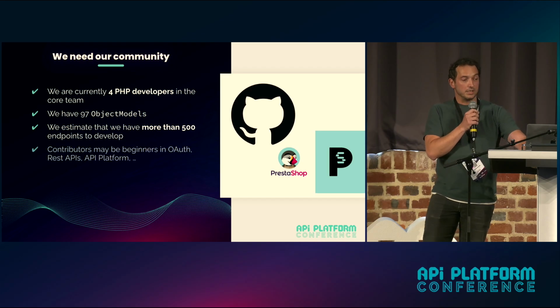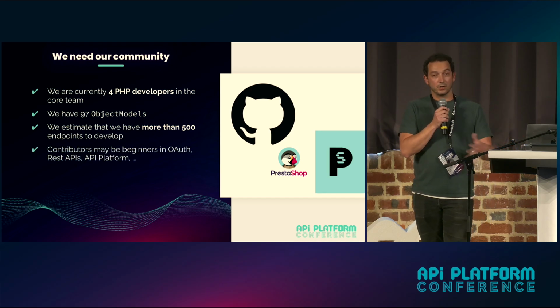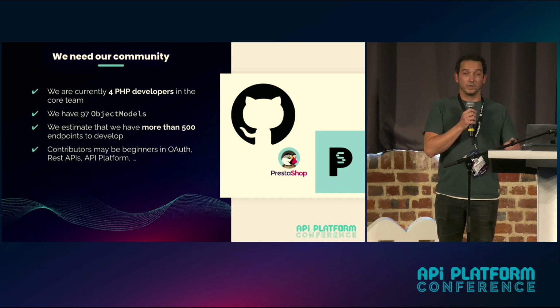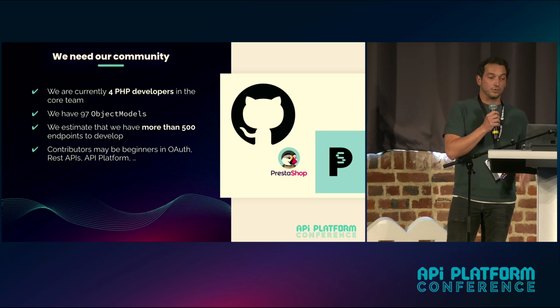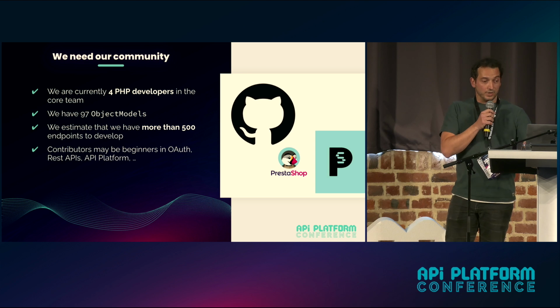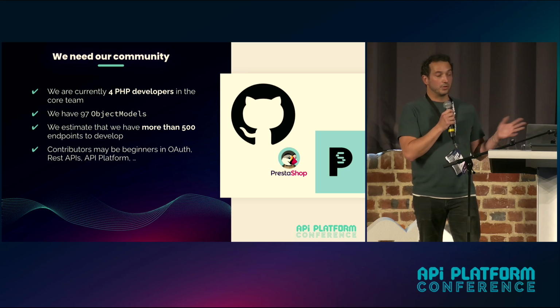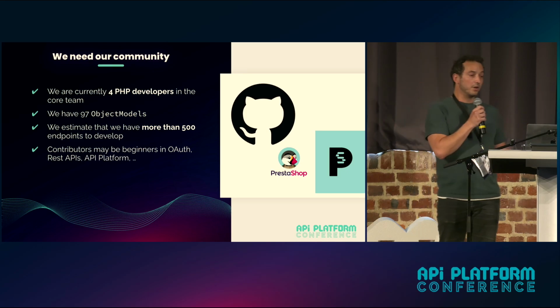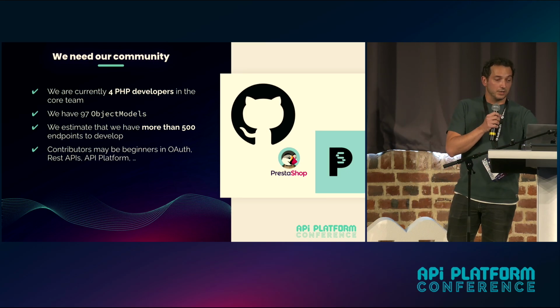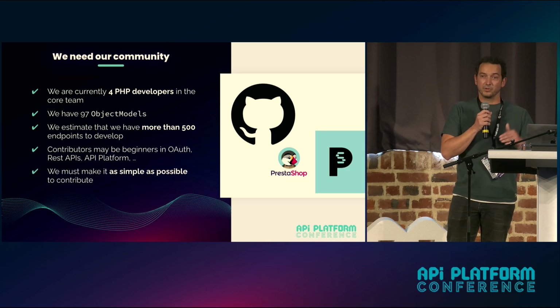So the idea was that we can rely on the contributors to help us build this so that they also feel involved in this new feature. And because many of our contributors don't know yet about OAuth, REST API conventions, or even API Platform, we wanted to make it as simple as possible for them to contribute.